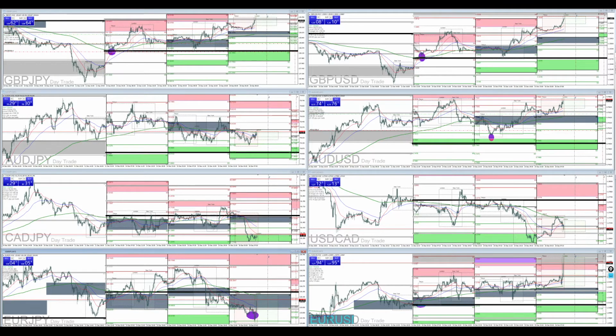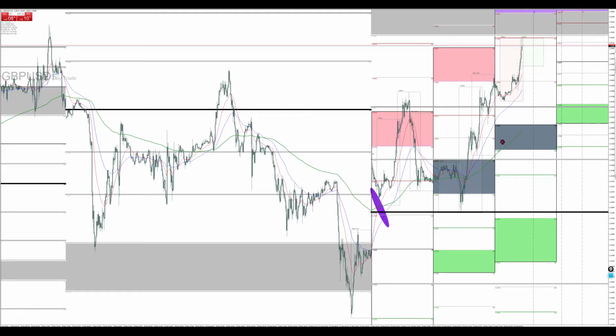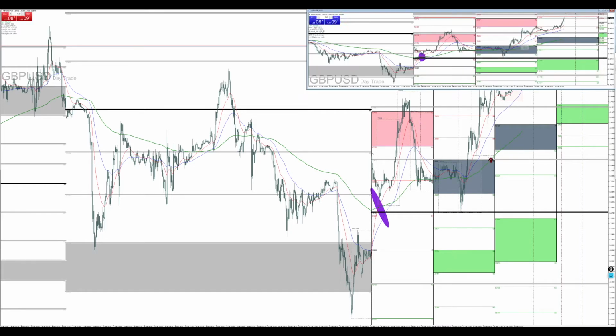But look at this, man. The wick came exactly. Not to say it's over, but look at it, right at the weekly take profit for the pound dollar. Now, it just tagged us out. Like right there.